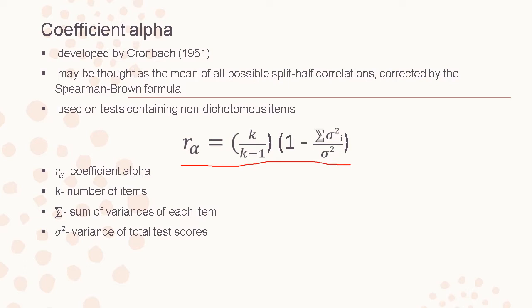As you can see, we have quite the similarity with the Kuder-Richardson formula, except for this part. Both the KR20 and the coefficient alpha can produce estimates of reliability with just one test. Both can produce estimates of reliability using dichotomous items. However, only coefficient alpha can produce reliability estimates based on polytomous items.